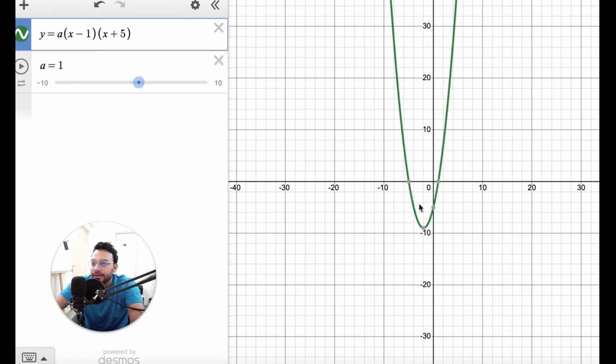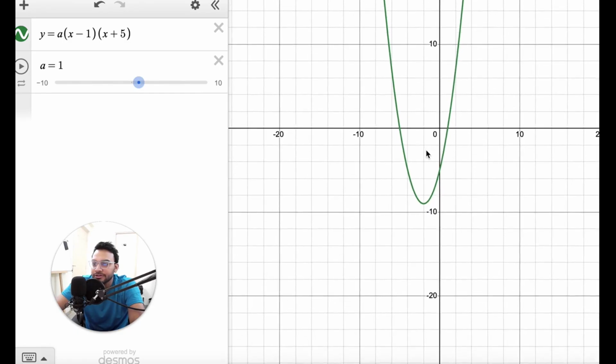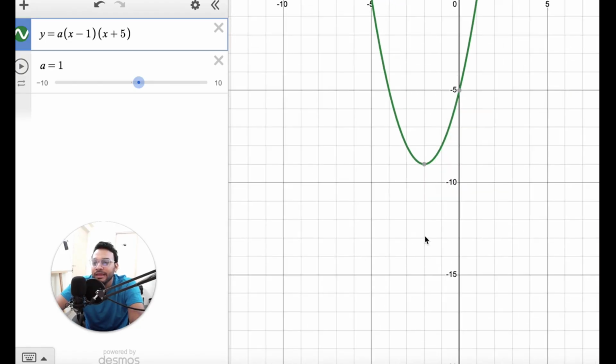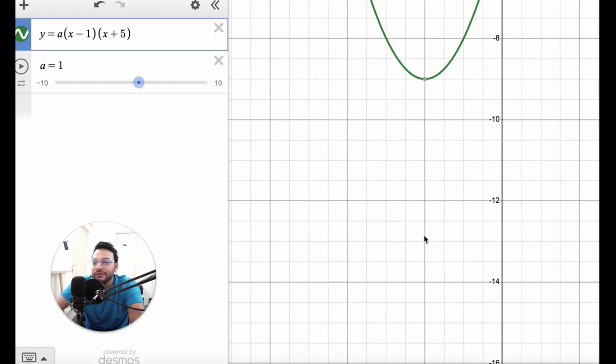Now as you can see, this quadratic function, the graph is shown right here. We need this vertex, which is right now at negative 2 comma negative 9. We need this at negative 2 comma negative 12. Okay, so I'm making the graph bigger, so that we can see 12 distinctly. Now we'll start varying the value of a.